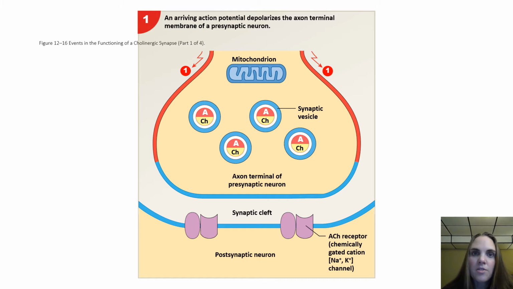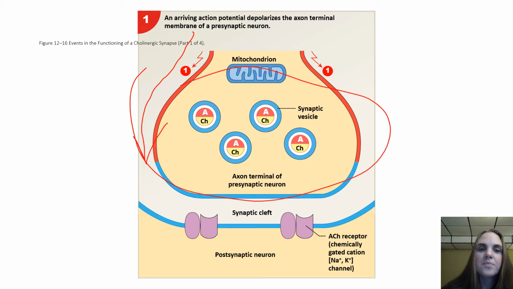So these are images from your book just going through these steps. So here we see an action potential is traveling down the axon to the axon terminal. This is the axon terminal that we're seeing here. That action potential travels down to the axon terminal.